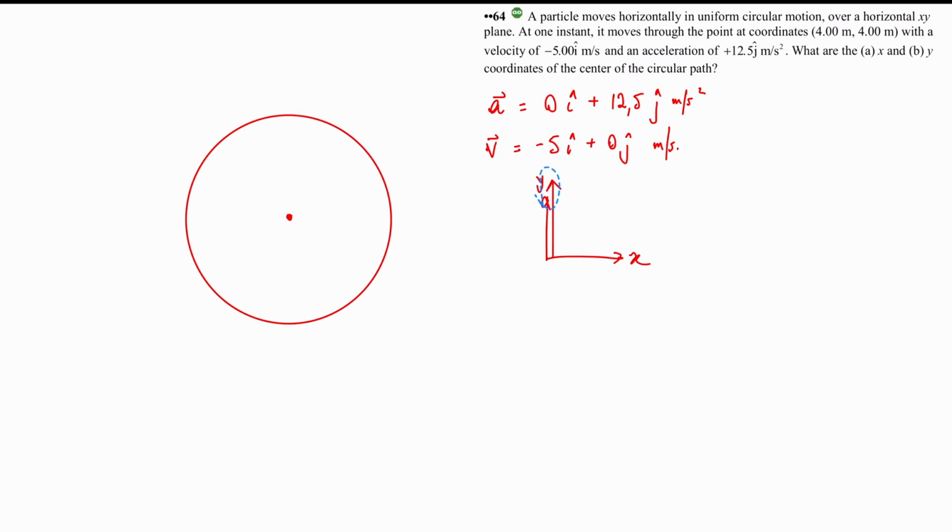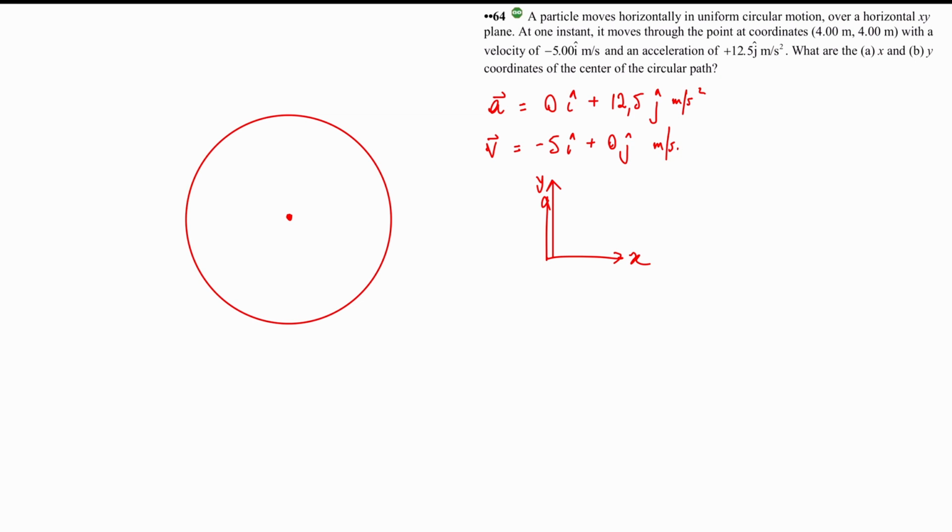I'm going to draw them side by side to make them clear. But the point is, our acceleration vector points upward. So the question is, where must we be along this path so that a line with this orientation points toward the center of the circle? Well, this means we have to be somewhere down here. This is where we have to be for this to be true.